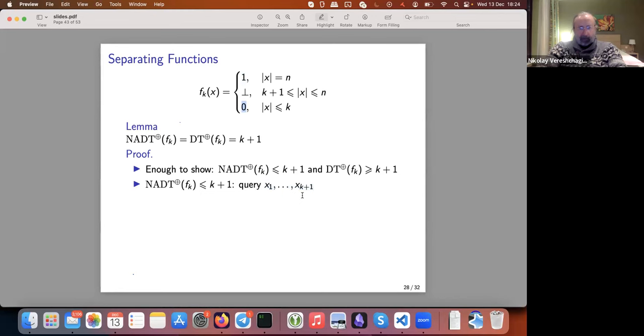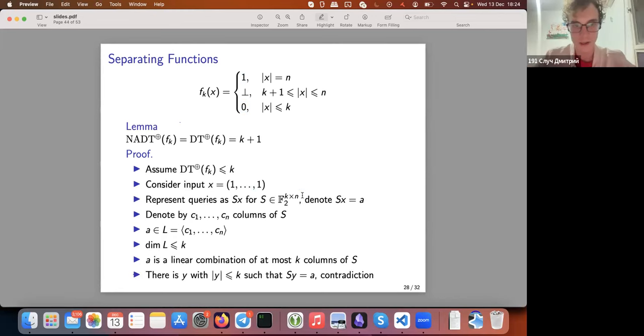In the opposite direction, we assume for contradiction that the parity decision tree complexity doesn't exceed k. We consider the string of ones as input, and there will be some set of queries.